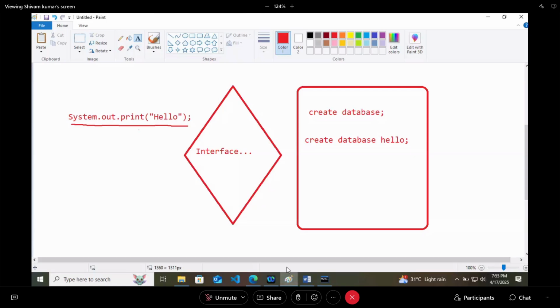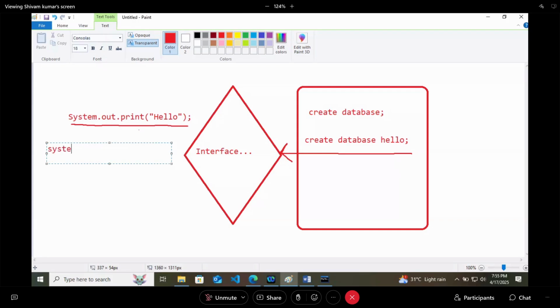Now, our Java doesn't know what is query OK, one row affected. So this MySQL again will send one message to this interface. This interface will revert the message in a language that Java can understand: System.out.print database created. That's why we call them an interface.